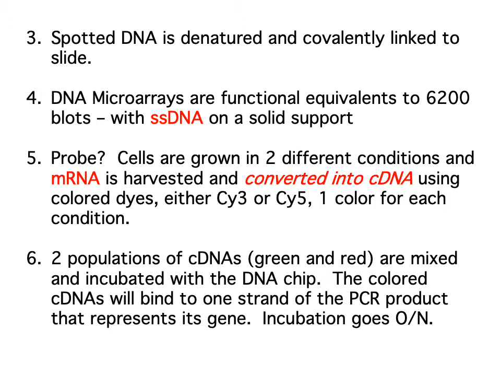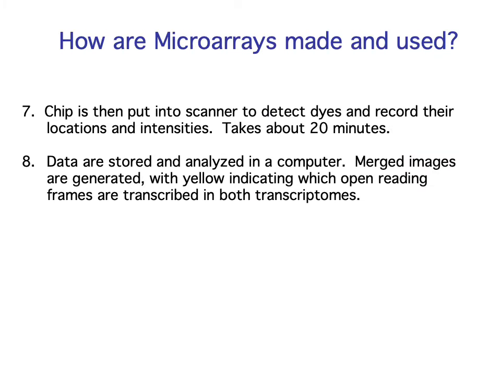The colored cDNAs will bind to one strand of the PCR product that represents that gene, and you let that incubation go overnight. The chip is then put into a scanner that can detect the red or green fluorescence, and will record the locations of the fluorescence and the intensities. And that'll take about 20 minutes because there's quite a lot of data, right, to scan.